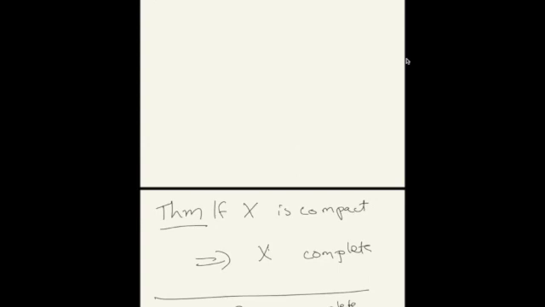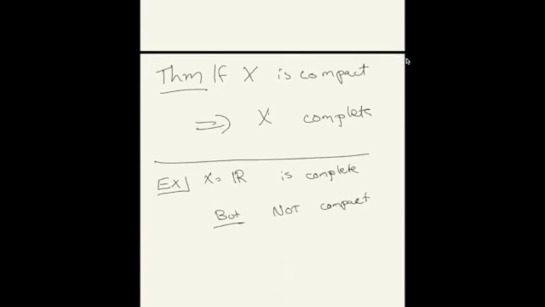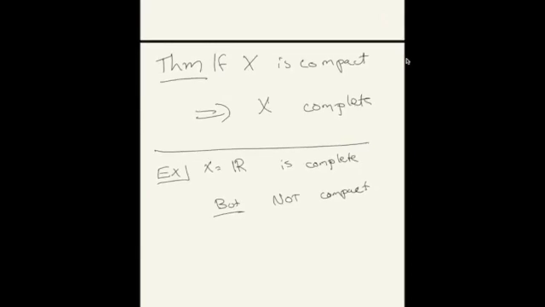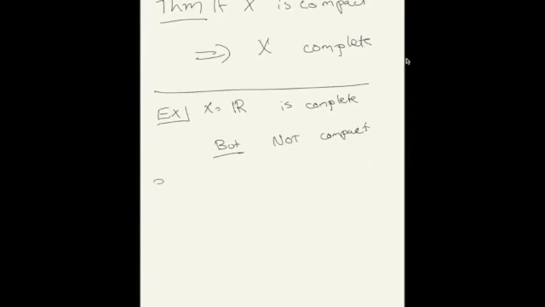So there are some general facts corresponding to these that I won't prove now: if X is compact, then X is complete. And the crucial idea of the proof is that you take a Cauchy sequence, we don't know it converges yet, but there exists a convergent subsequence.